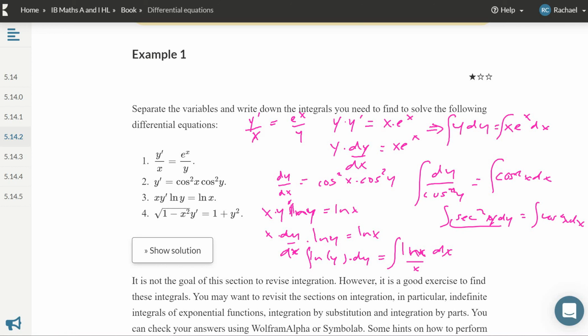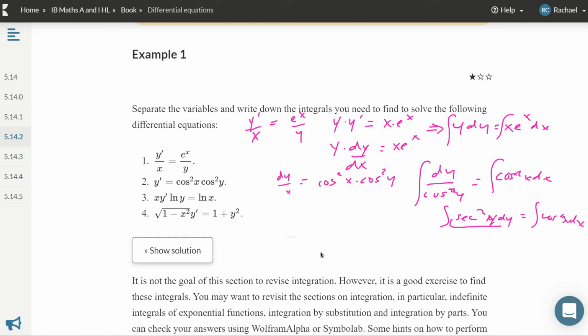Okay. And then I'm going to erase a little bit here so that I have some space. And here on the last one, we have square root of 1 minus x squared, times dy dx equals 1 plus y squared.